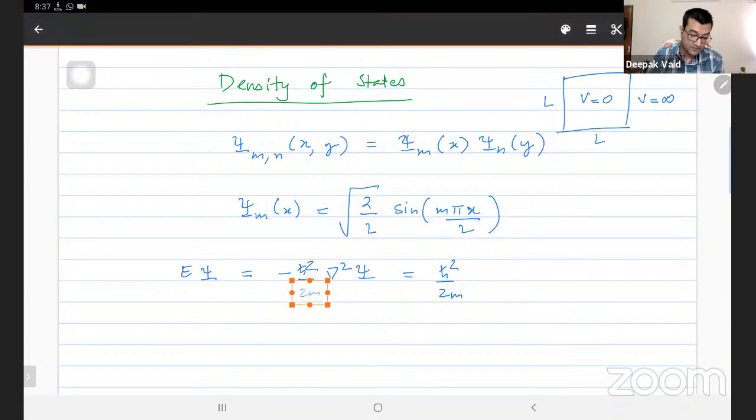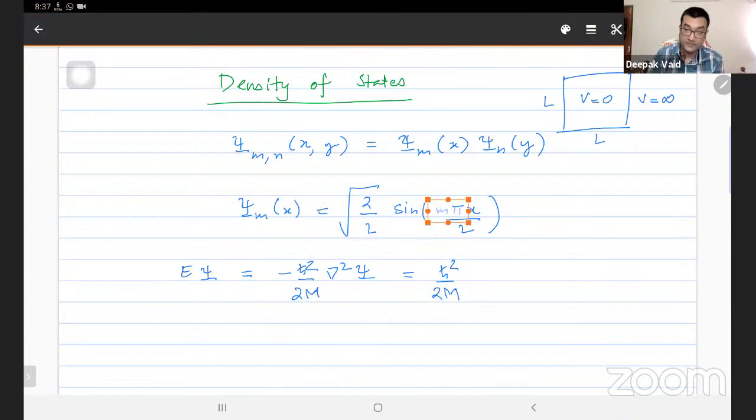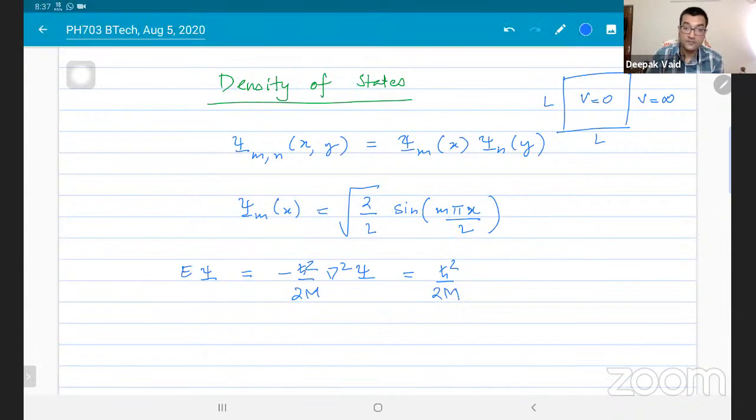This is the mass, so let me use a different m for the index, because I don't want you to confuse this m with the mass. When you take the second derivative, you will get m square pi square by L square.